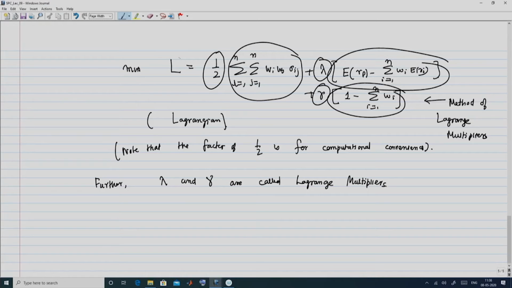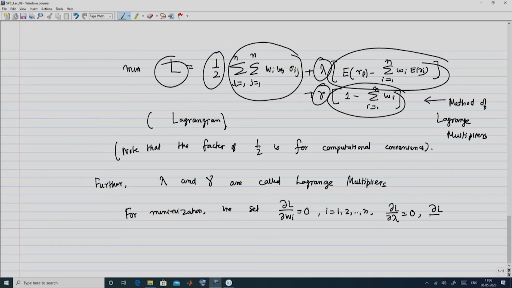Now we need the minimization of this L. So, for minimization we set del L del w_i equal to 0 for i equal to 1 through n, as well as del L del lambda equal to 0 and del L del gamma equal to 0.